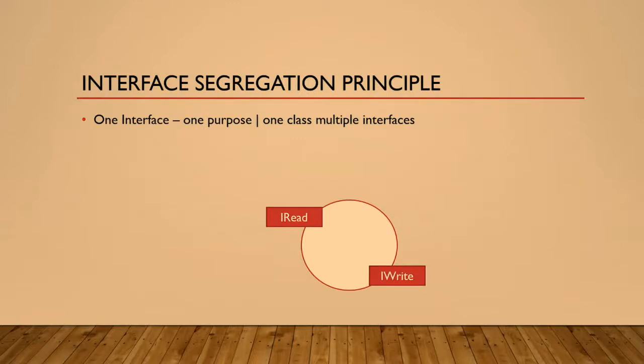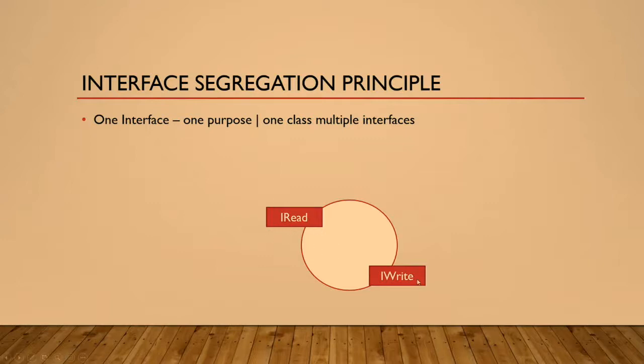Another principle I want to explain is the interface segregation principle. It says one interface, one purpose, but one class can also have multiple interfaces. Here, for example, could be the data access class. I have IRead and IWrite, though I call them that just as an example. So for another component, you could say it should only read data, so the whole code only uses the IRead interface.